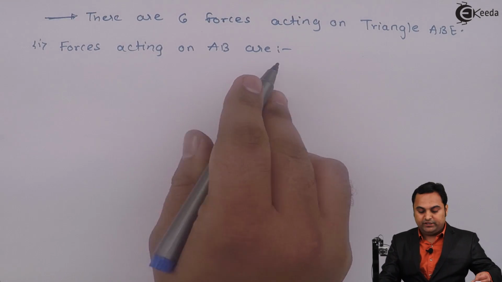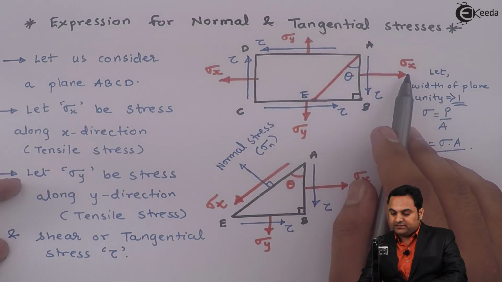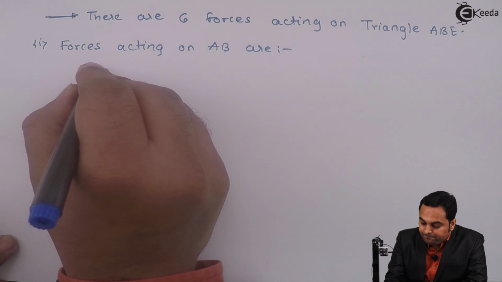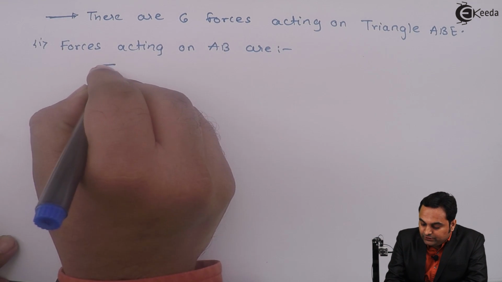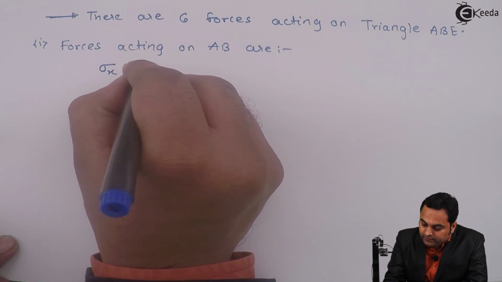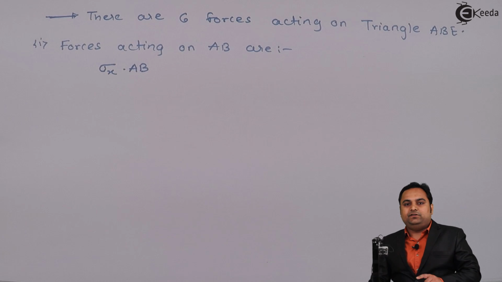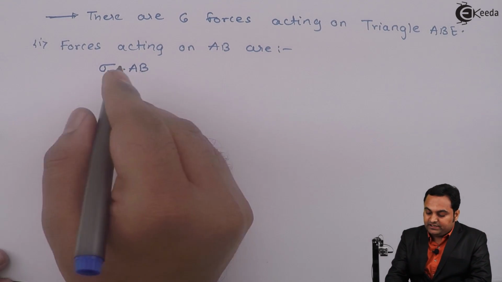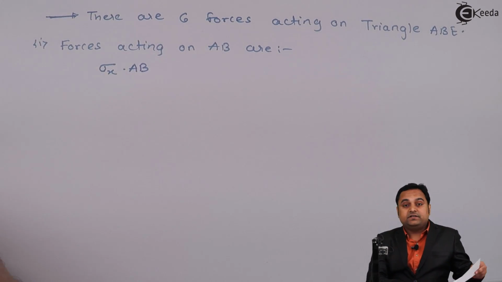So forces acting on AB, first I am considering sigma x. So because of that the force acting would be sigma x into area is AB into 1, because width is 1, and here we can write it as sigma x into AB. So this is the force acting on AB because of sigma x.